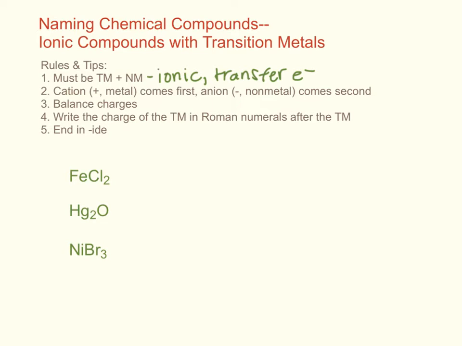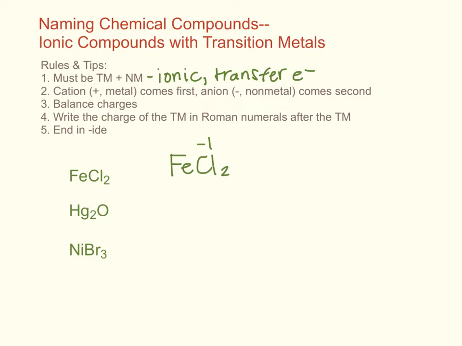So my FeCl2, iron is a transition metal. I look at my periodic table and there's no charge over that group. So I have to work backwards. I do know, however, that in FeCl2, if I look at chlorine, I'm going to notice that chlorine has a -1 charge.